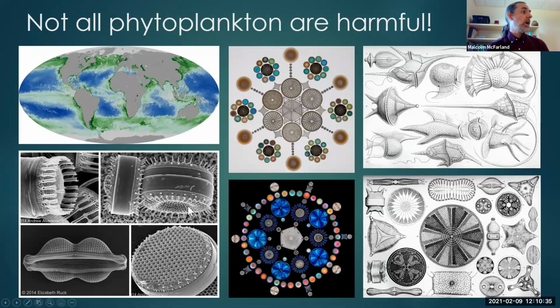Some of the species, like these diatoms in the bottom left, are incredibly ornate, and the structures that they create at a nano scale are really quite intricate and pretty amazing. It's something that has really fascinated biologists and ecologists ever since the microscope was invented, basically, and we discovered that these types of organisms exist.